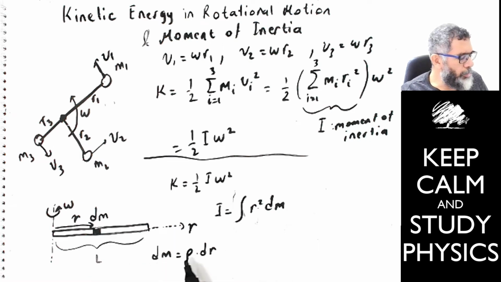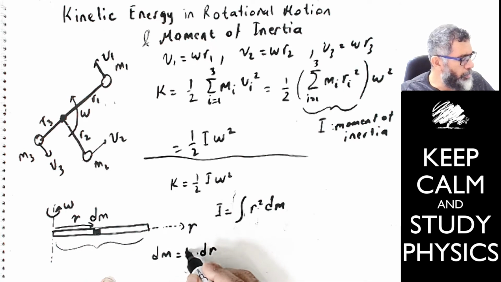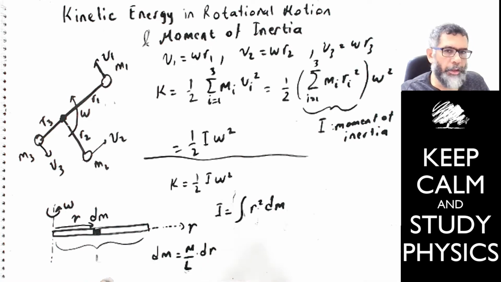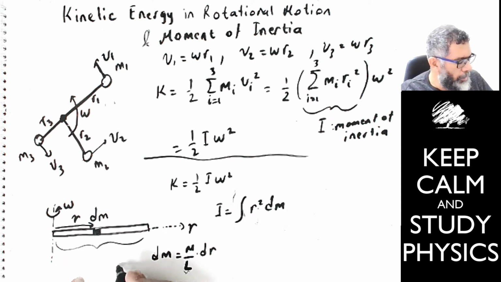You will be able to just write this down easily when you think about all dm's as extensions in the r direction with some length dr. Okay, but what about the mass density? Since the rod is uniform, mass density is nothing but total mass divided by total length. That's it. This is the density of the mass, total M divided by total L.